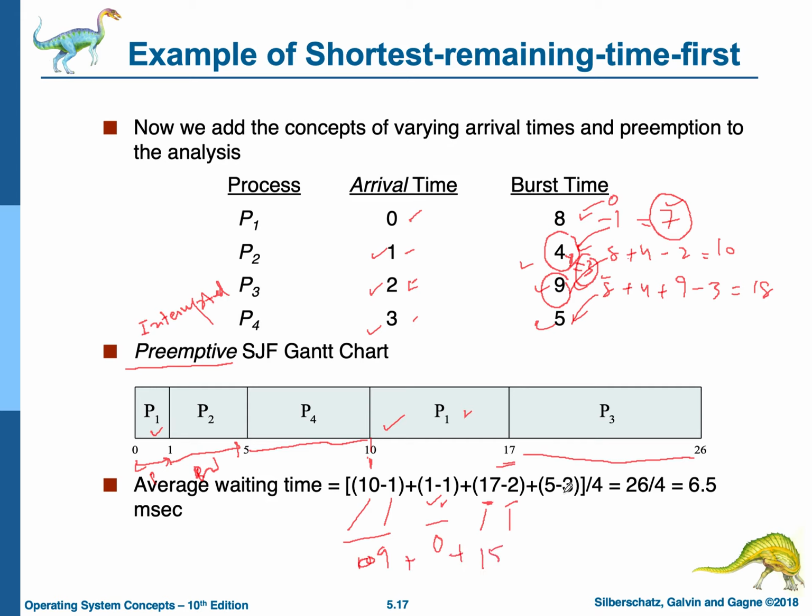And P4 started to work at 5 units of time and arrived at 3, so 2. We add these all and divide by 4, and it is 6.5. So this is the example of shortest remaining time first.